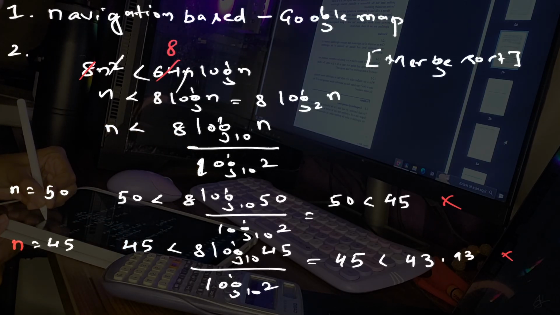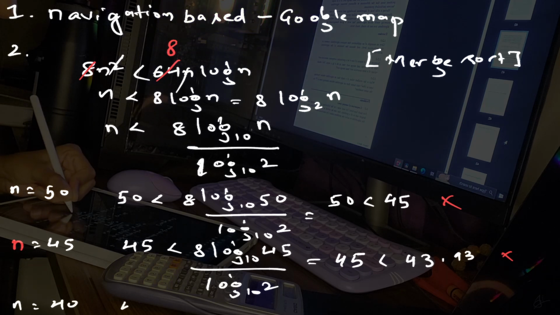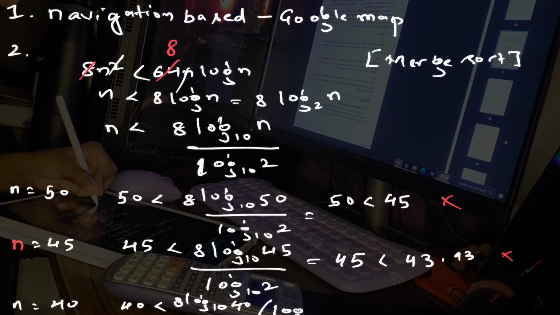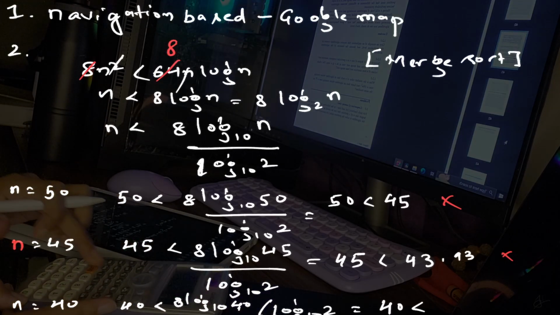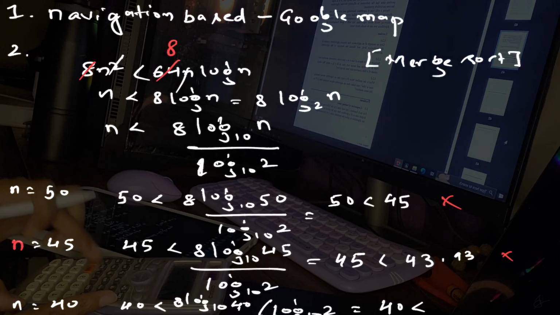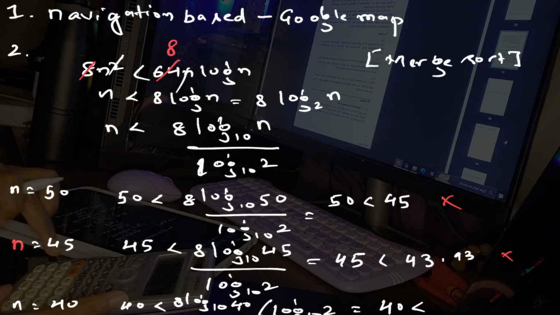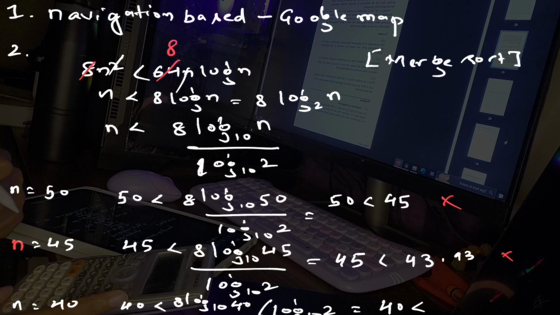Let's take n is equal to 40. Is 40 less than 8 times log of 40 divided by log 2?